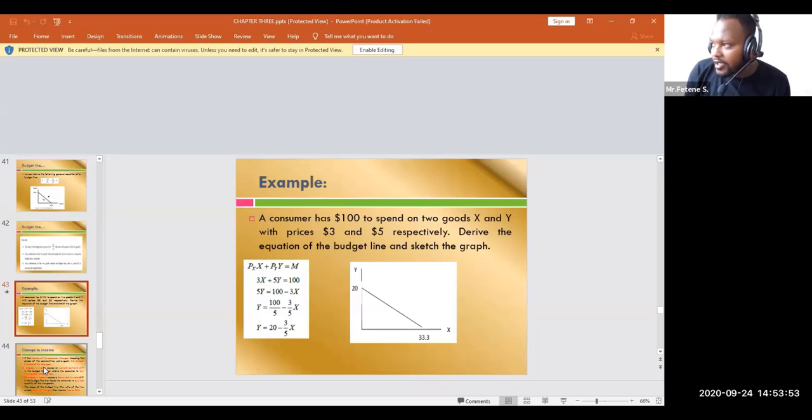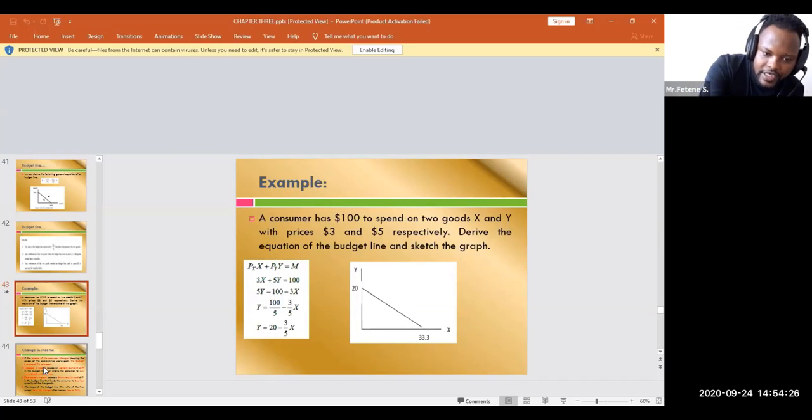The budget line: this m represents the income of the consumer. So m is equivalent to the price of commodity y times y plus the price of commodity x times x. The income is 100, so 100 is equivalent to 5y, where 5 is the price of commodity y, plus 3x, where 3 is the price of commodity x.